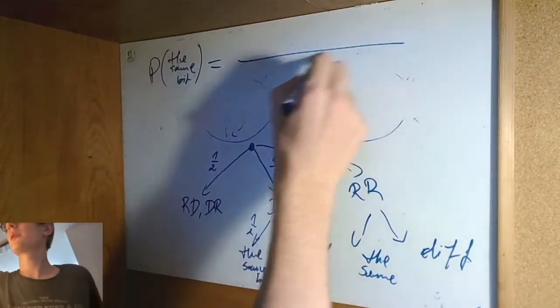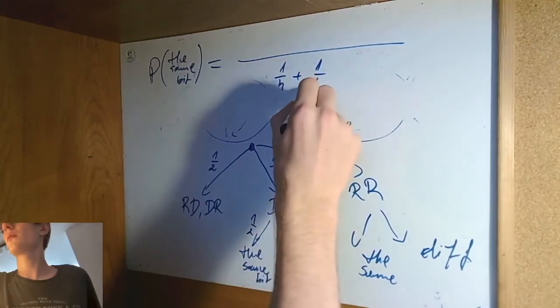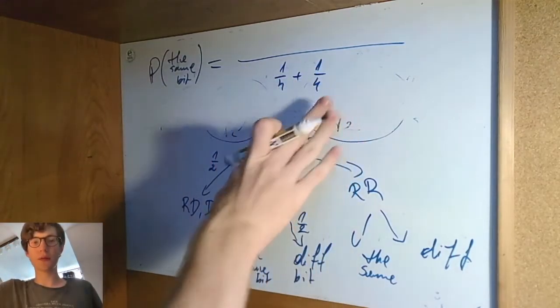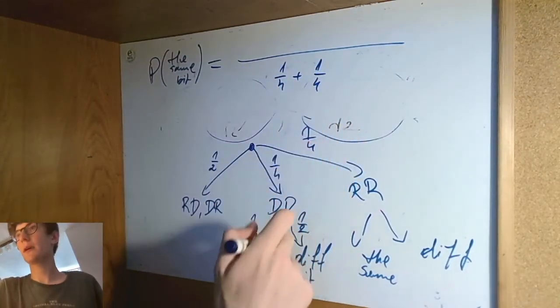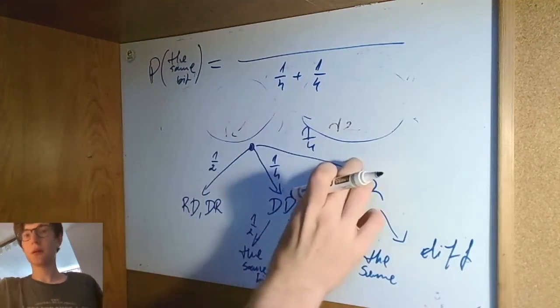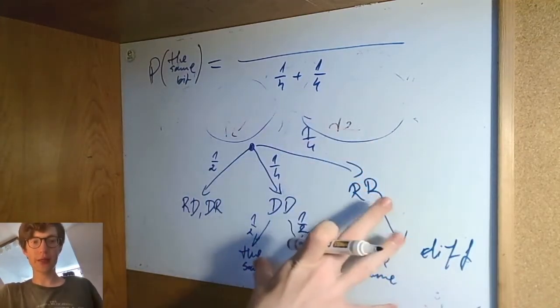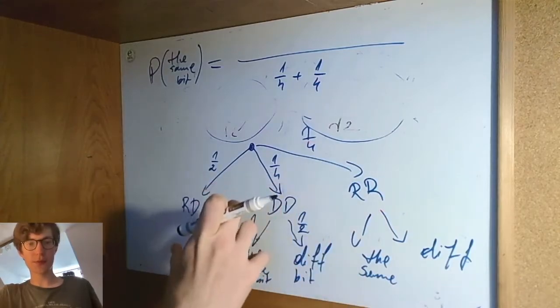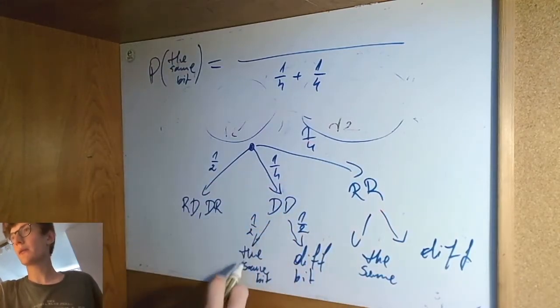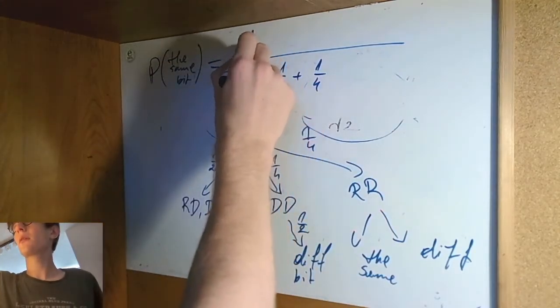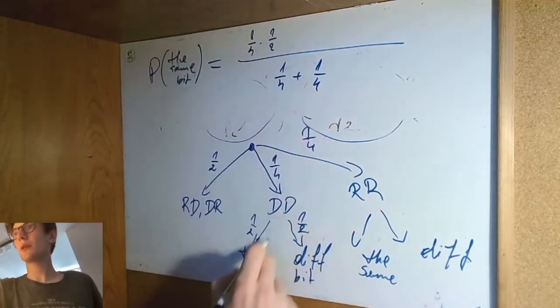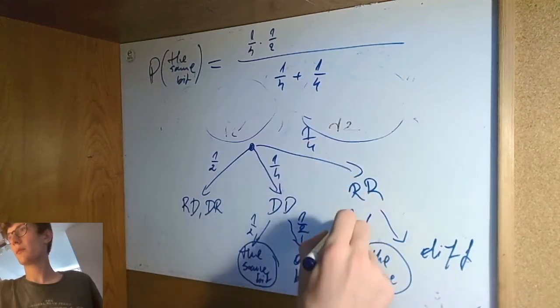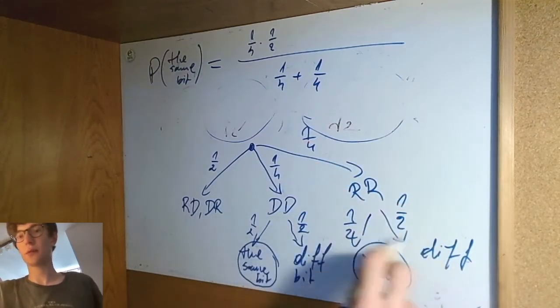which is going to be, of course, here we still have 2/4 as before, because these are the only branches in which we add a bit to the key. But now we have here 1/4 times 1/2 and 1/4 times 1/2, right? Because here we also have 2 halves.